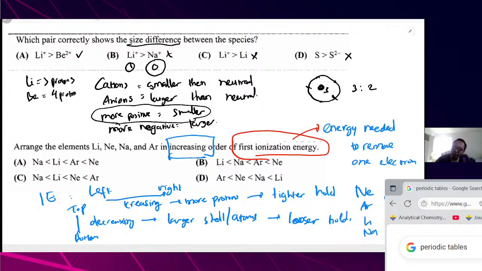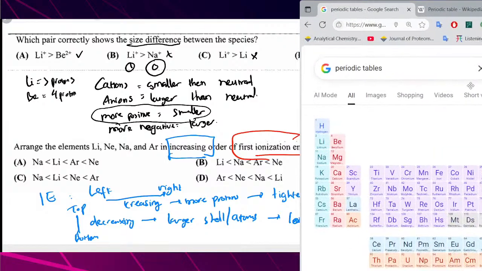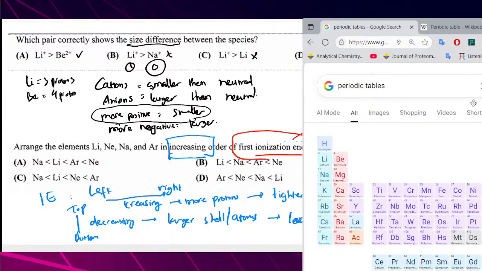We compare lithium and sodium. Na has more shells, so it will have lower ionization energy.